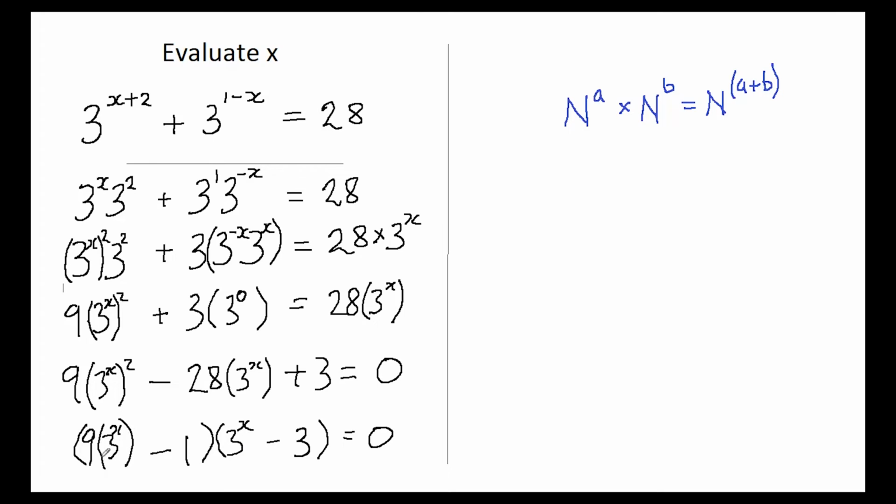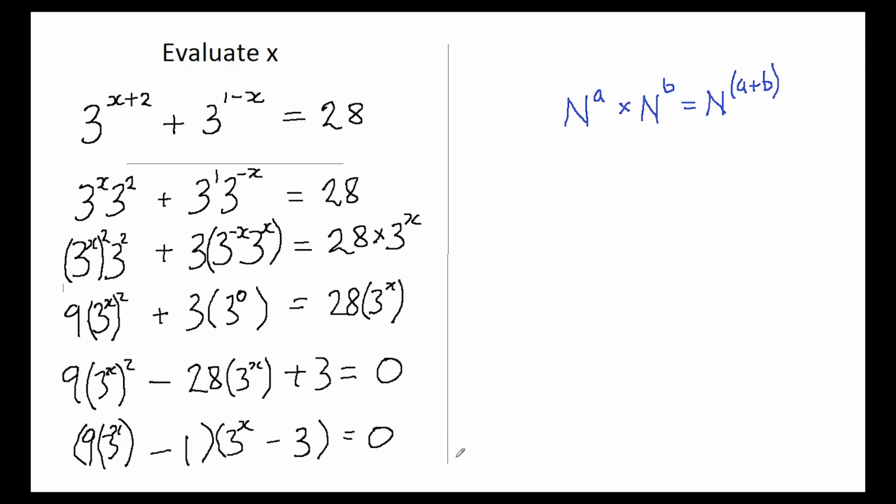So let's quickly check that. 9 times 3 to the x times 3 to the x is 9 times 3 to the x squared. We've then got 9 times 3, which is 27, and 1 times 1, which is 1. So altogether we've got minus 28 times 3 to the power of x, which is correct, and plus 3.